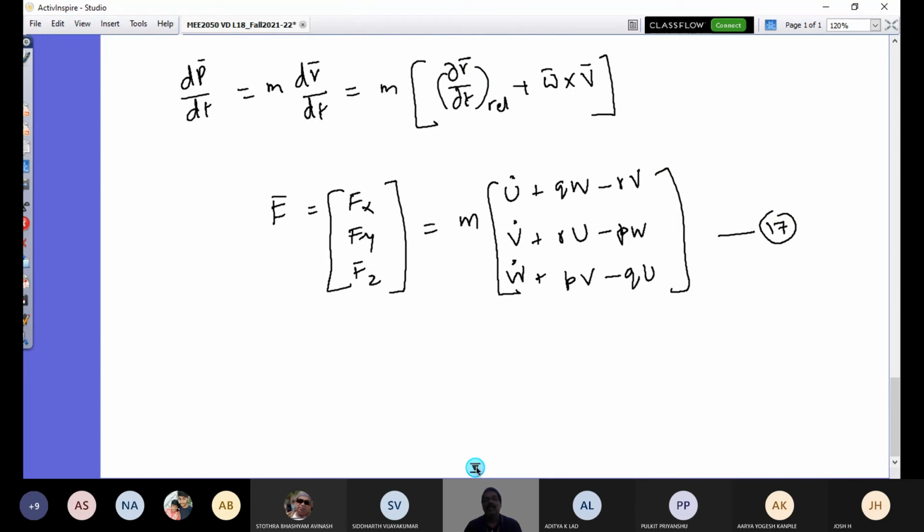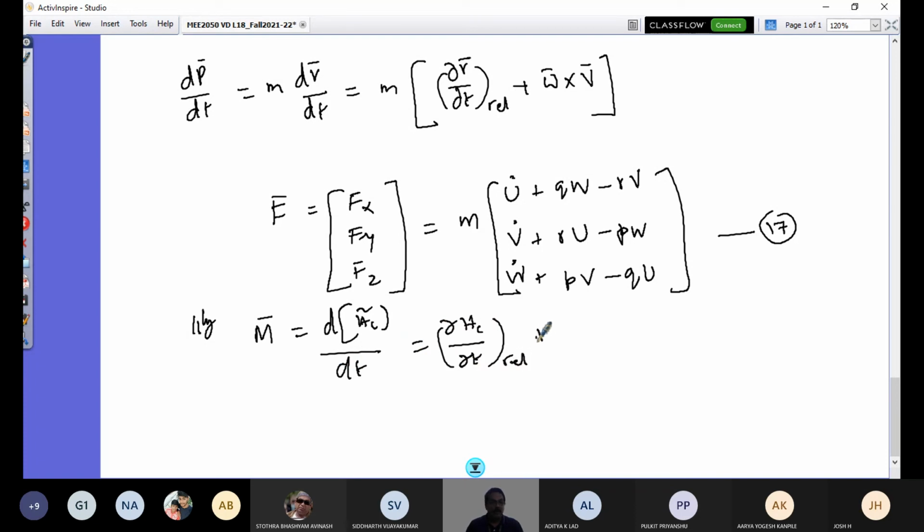So this accounts for 3 degrees of freedom of a space vehicle out of 6, and the other 3 rotational degrees of freedom can be obtained similarly. That is, the m vector would be d of hc by dt. That's going to be dou hc by dou t, the relative term, plus omega cross hc.